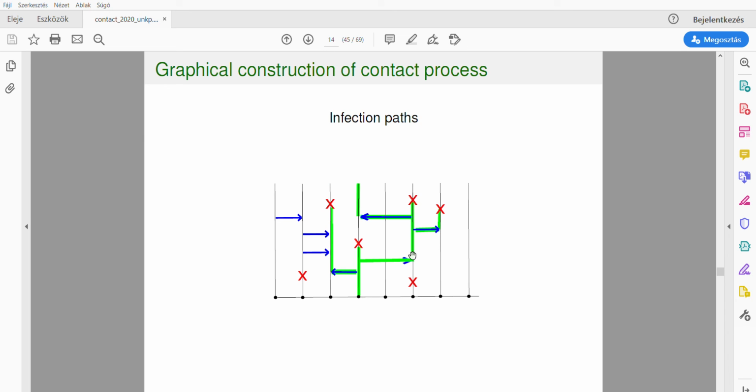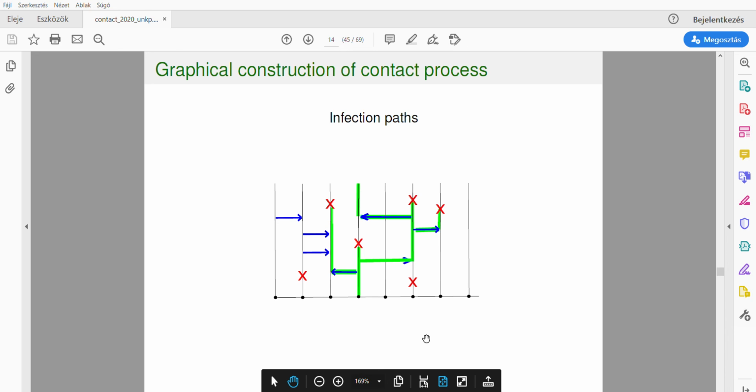So this green part maps the trajectory along which the infection was spreading. For example, there was an infection arrow here and here and here and so on. For example, at this particular time instant, these three guys were infected if you start from this particular infected guy at the beginning.